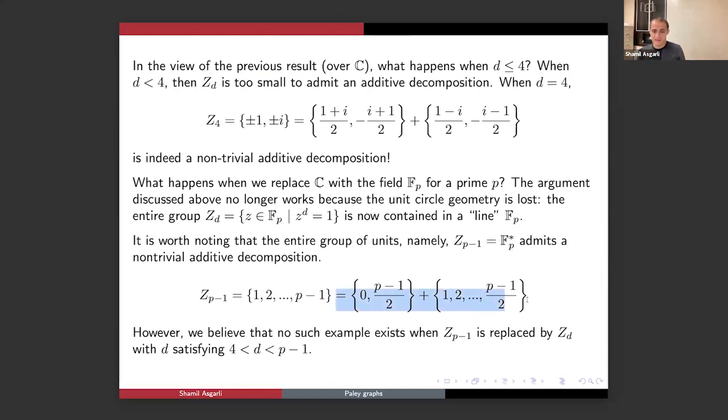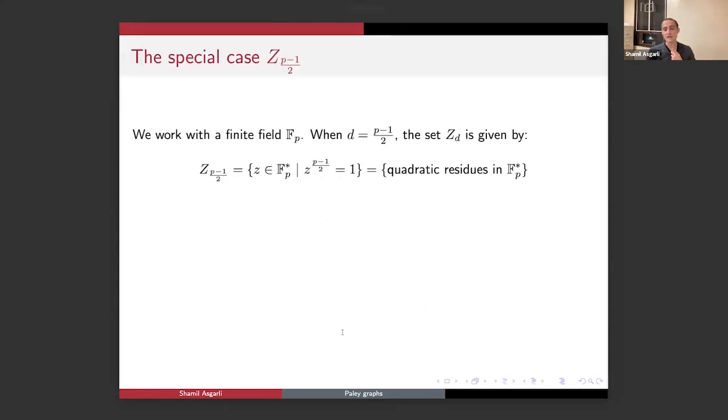No such example exists when we're looking at Z_D, where D is a proper divisor bigger than 4 and less than p minus 1. So we're going to talk a little bit about this. There's a particular case when the value of D is exactly (p minus 1)/2. Why is this relevant? Why is it connected to Paley graphs?